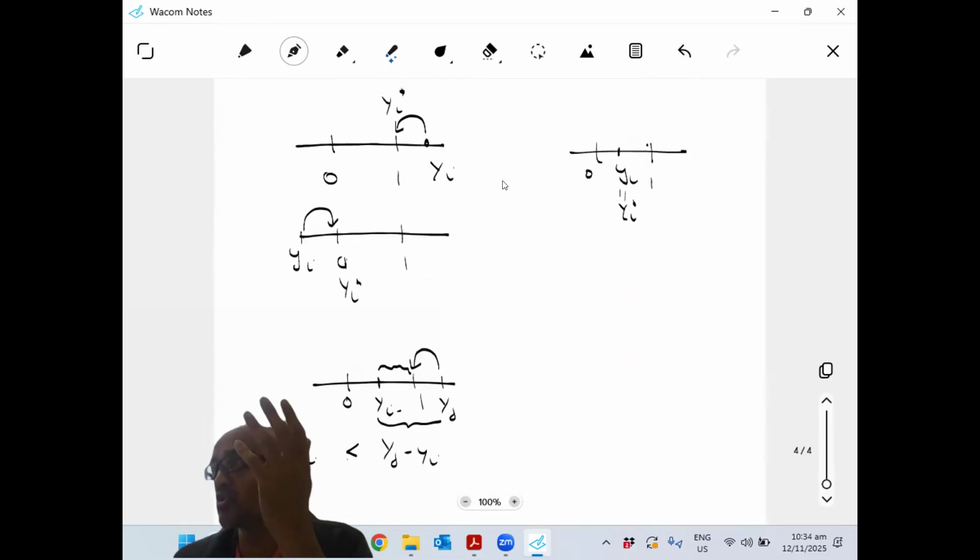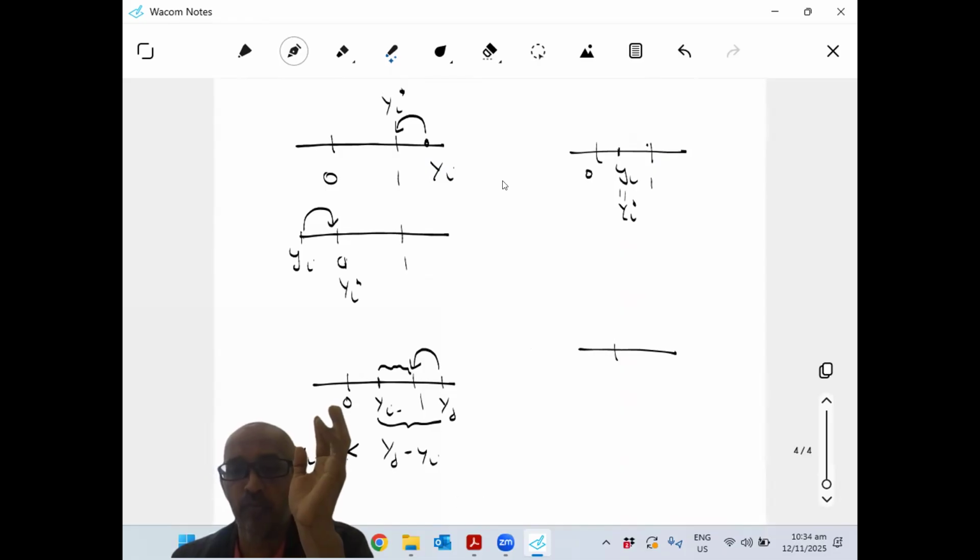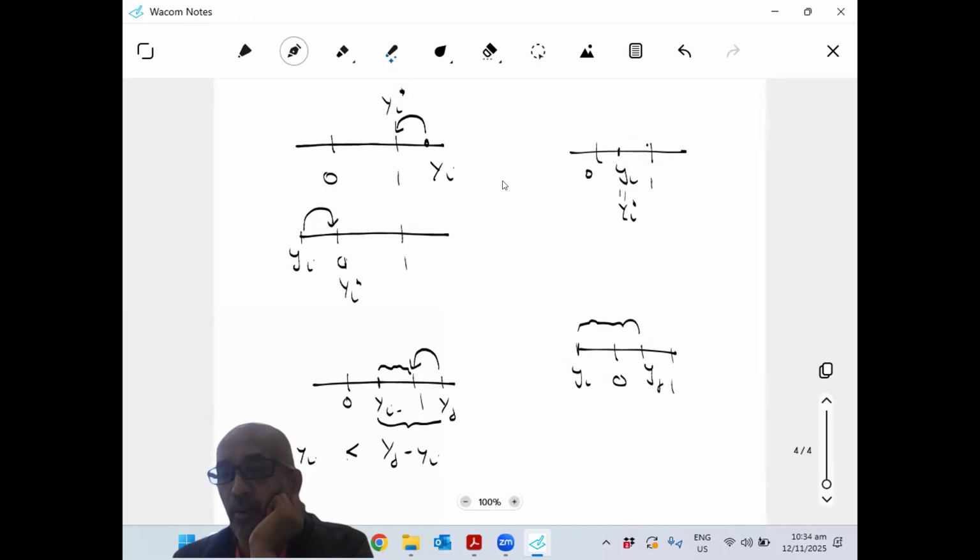You can argue this similarly for every case. So, for example, if 0 and 1 is here, let's say my yj is here, let's say yi is here, what do I do? This is my difference yj minus yi. But I've got incentive to move yi to yi star, decreasing yj minus yi star.